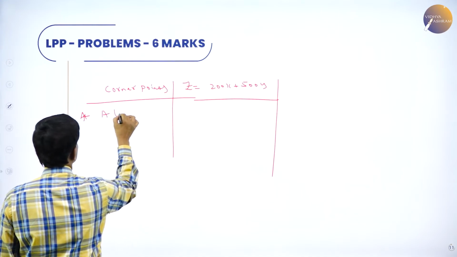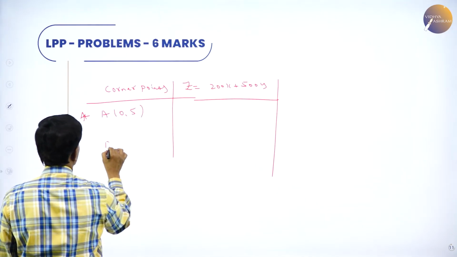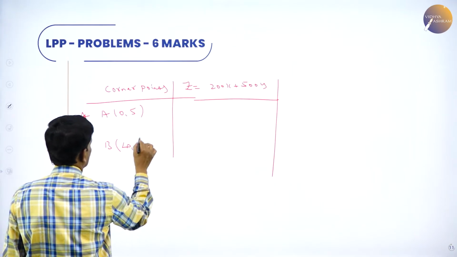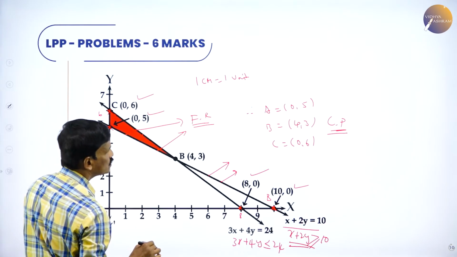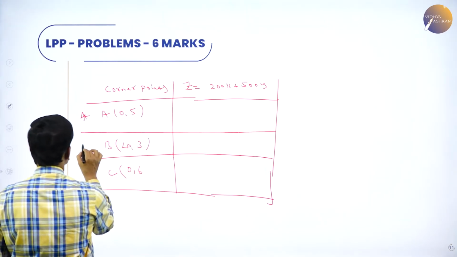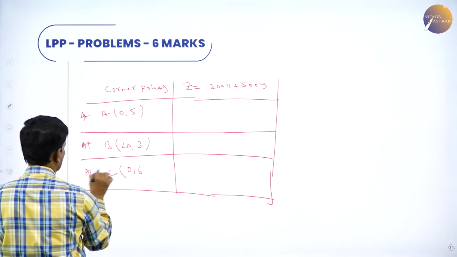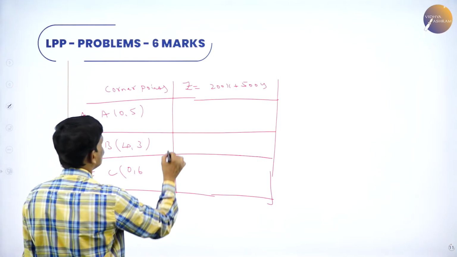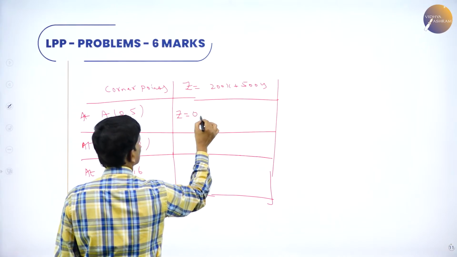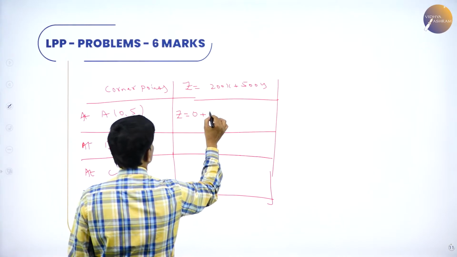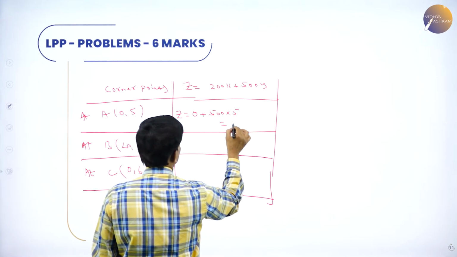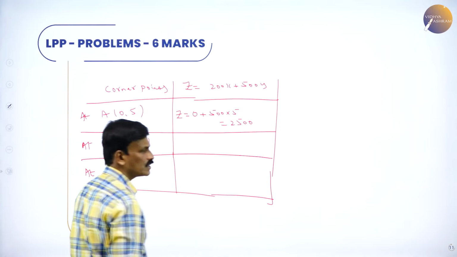At A, (0, 5); at B, what is B? (4, 3); and at C, what is C? (0, 6). So, these are the corner points. At A, Z is equal to 200 into 0 plus 500 into 5. 5 fives are 25, so 2500 it is.